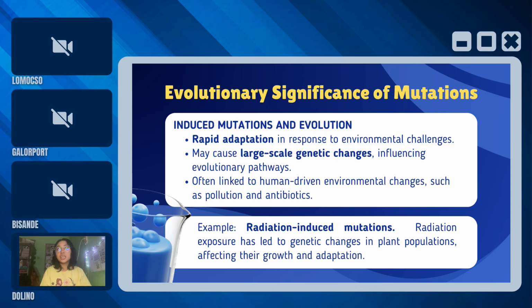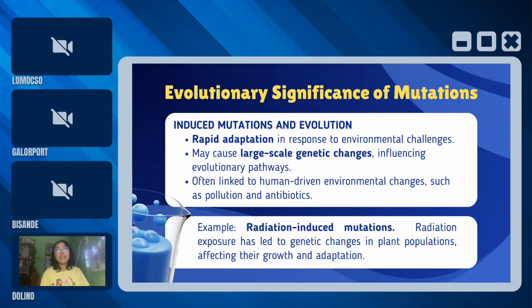Large-scale genetic changes can be caused by disrupting multiple genes or regulatory sequences through DNA breaks, chromosomal rearrangements, or even, as mentioned earlier, transposon activation. These alterations can significantly impact gene expression and function, influencing evolutionary pathways by introducing new traits or adaptations.